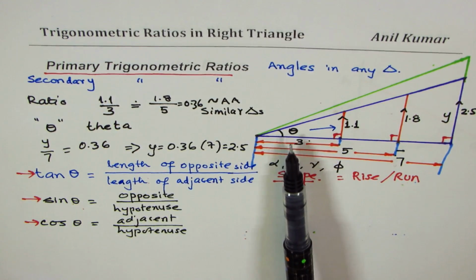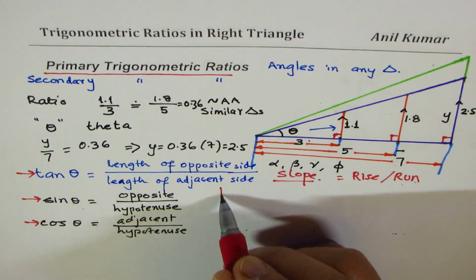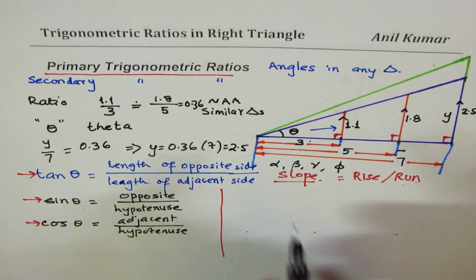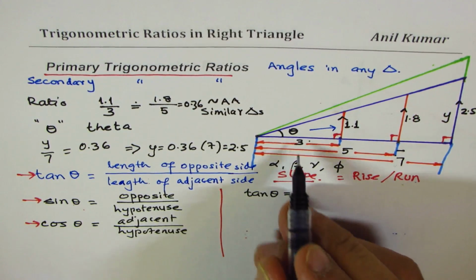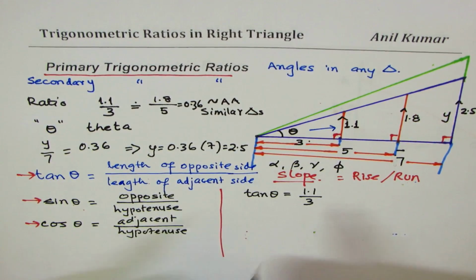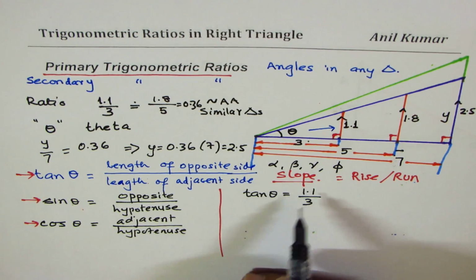How do we find theta now? We already know that this ratio is given to us, 1.1 over 3. So we say that tan theta is equal to, let us say, 1.1 over 3. Now to get theta, we'll do the inverse of this.